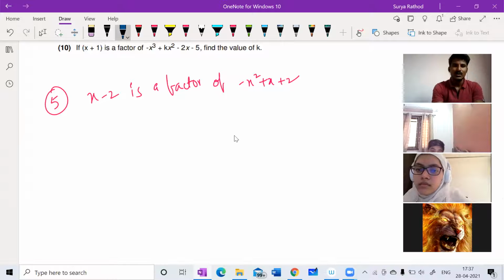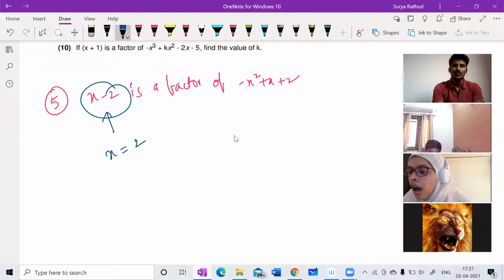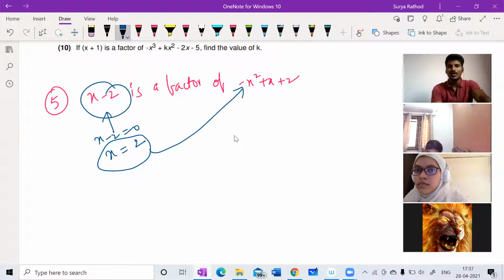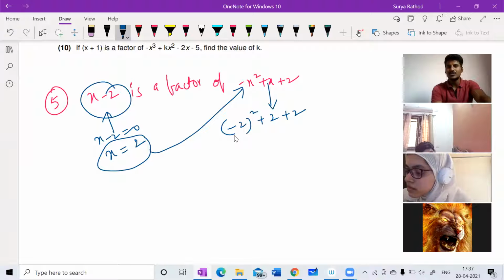Now, x minus 2 is a factor means x is equal to 2, because x minus 2 is equal to 0. If I transpose minus 2 to the right-hand side, I get x is equal to 2. Now if I substitute this x value in the given polynomial, I get minus 2 whole square plus 2 plus 2. Minus 2 to the power of an even number always gives plus.